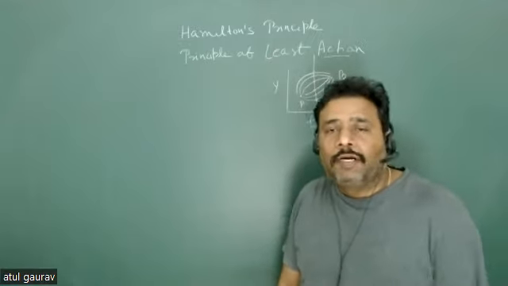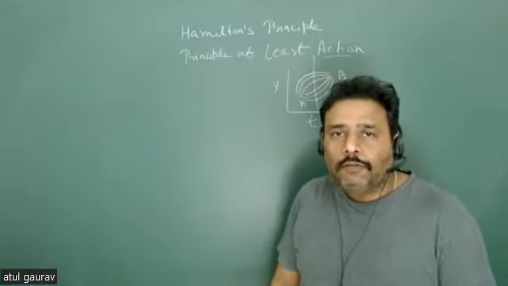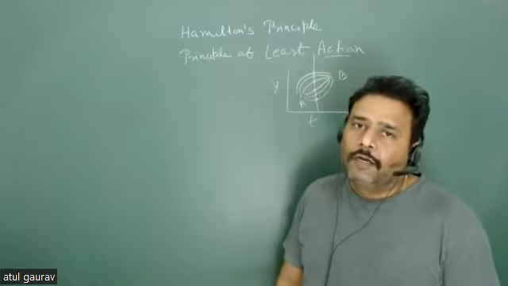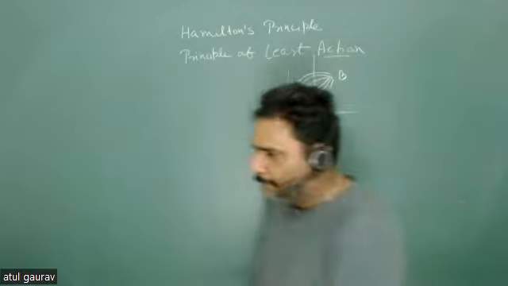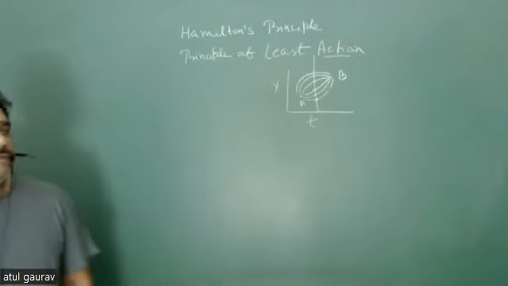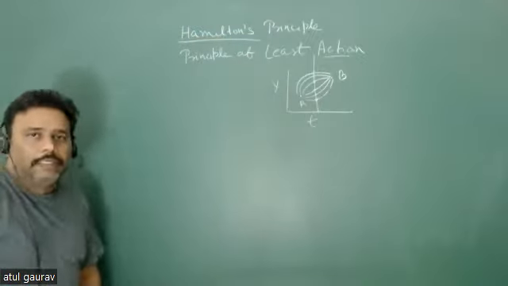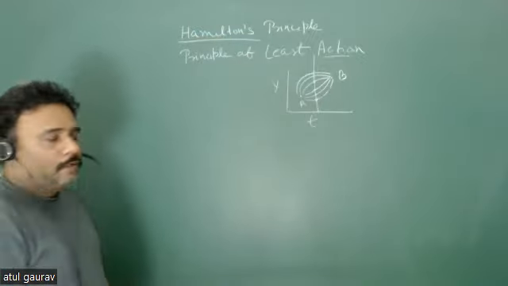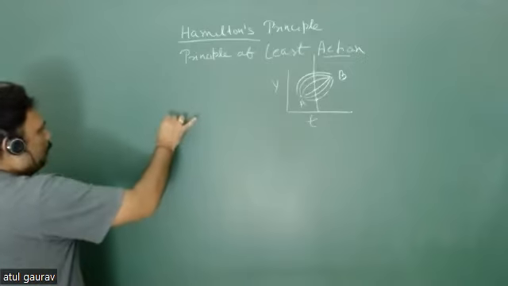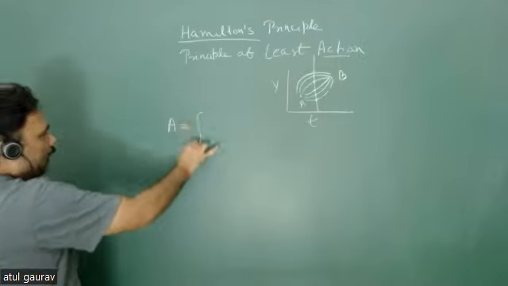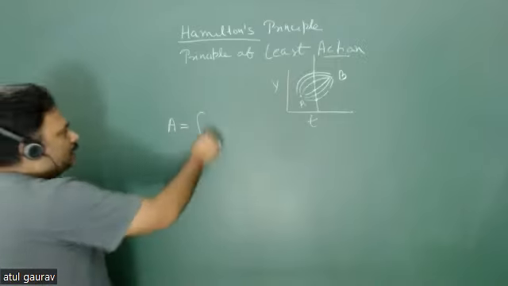So which path is the particle going to choose? This is all about the principle of least action. It is given by Hamilton, and don't confuse it with the Hamiltonian. This is Hamilton's principle. Hamilton defined a mathematical term known as action.